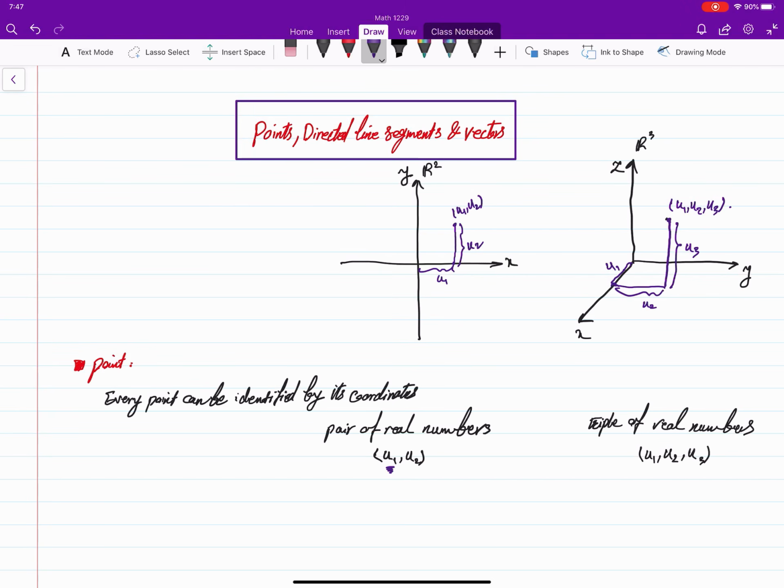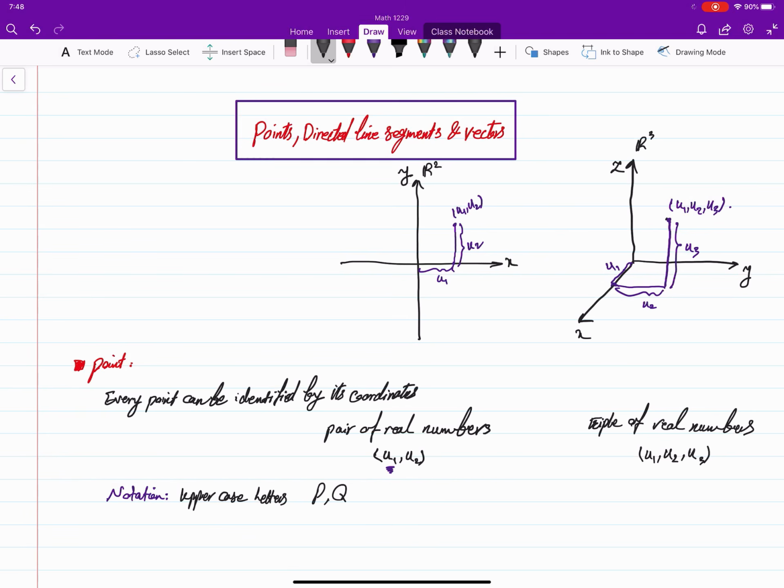Something important, the notation, the convention that we will use for this book, for this course, is that we use uppercase letters like P, Q for points.